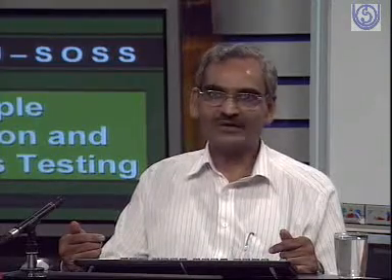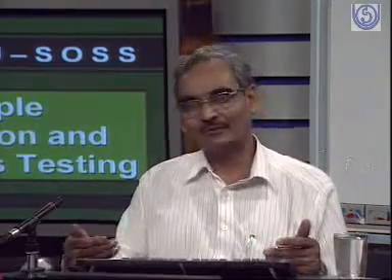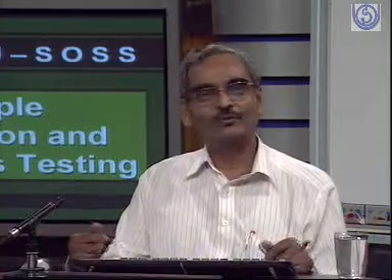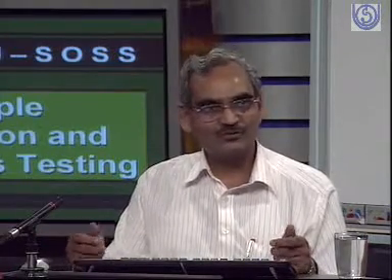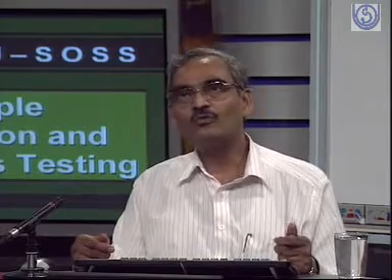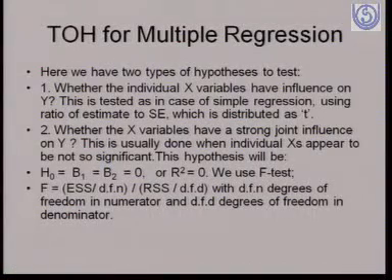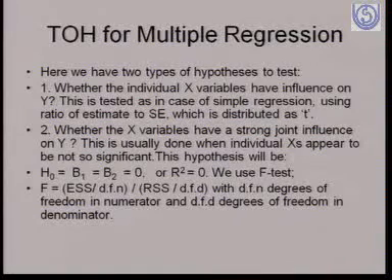If your calculated value is substantially higher compared to the tabulated value, you reject the null hypothesis of B1 being equal to 0. Same you do for B2. If your calculated T ratio turns out to be higher than the tabulated ratio at 5% level of significance, you can conclude that B2 or the variable x2 definitely has some influence on the variable y.